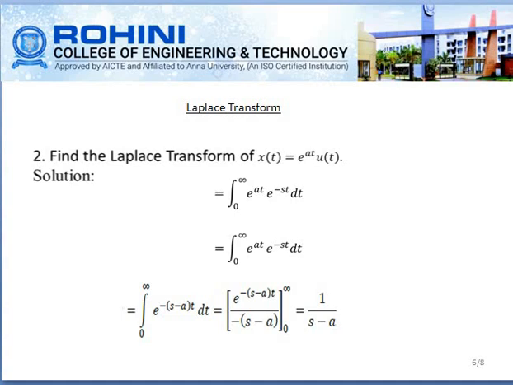Find the Laplace transform of x(t) equal to e^(-at) u(t). So the signal is multiplied with u(t), so the given transformation is a unilateral Laplace transform. So the integration limit is 0 to infinity of x(t) e^(-st) dt. Substitute the x(t) value, e^(-at). So the integral from 0 to infinity of e^(-at) e^(-st) dt.